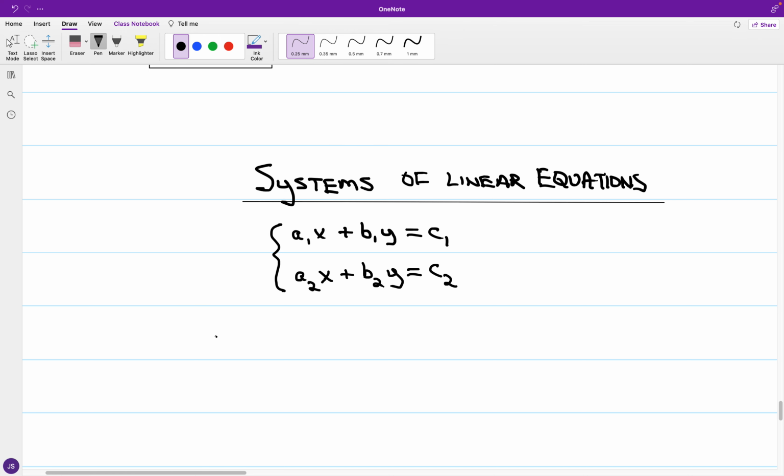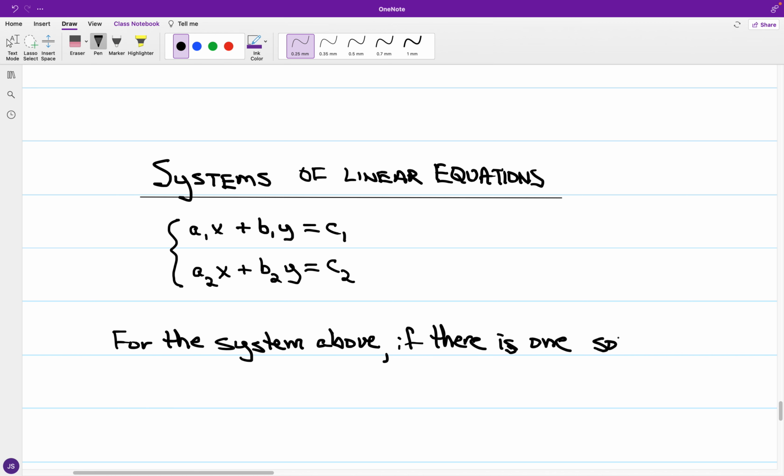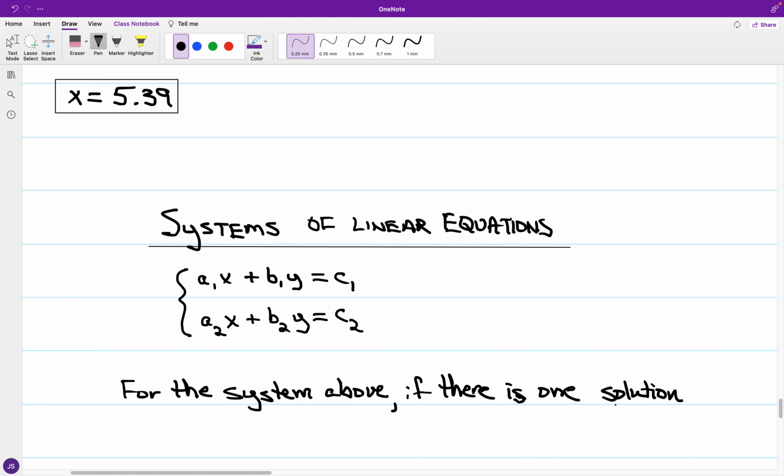And so for the system above, if there is one solution, then the graphs will intersect at the point (x, y).